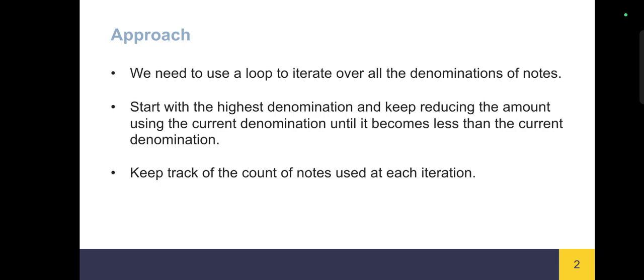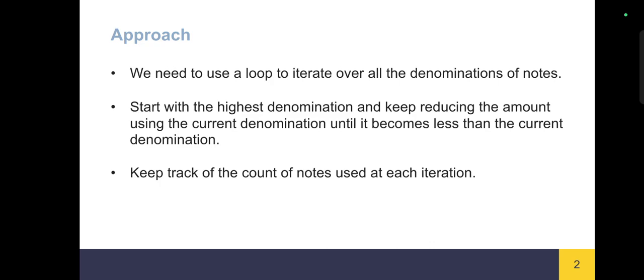We need to use a loop to iterate over all the denominations of notes. Start with the highest denomination and keep reducing the amount using the current denomination until it becomes less than the current denomination.